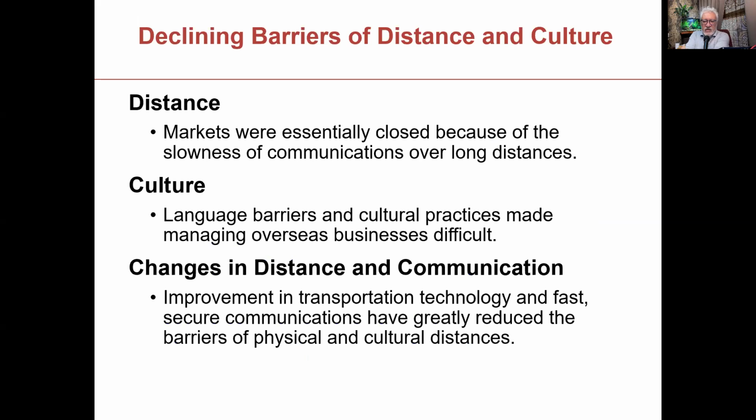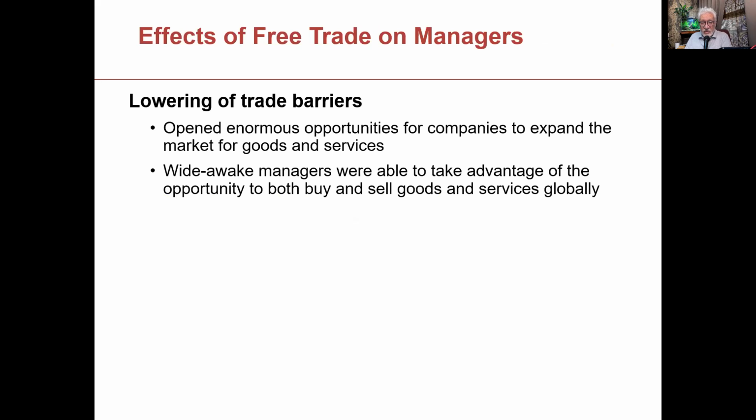The case is also that with Google Translate and with dictionaries and with interpreters, there is no jurisdiction in the world which is actually beyond us. We can overcome language and cultural barriers and do business where we want, when we want. So those lowered trade barriers are not all good.